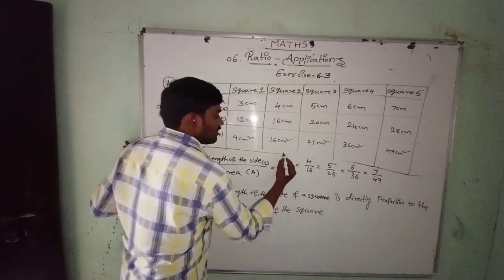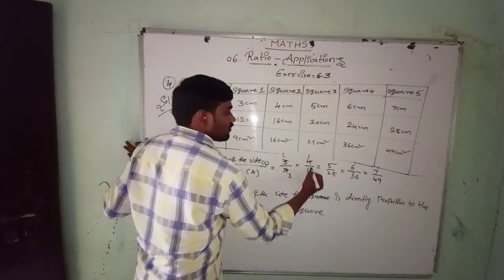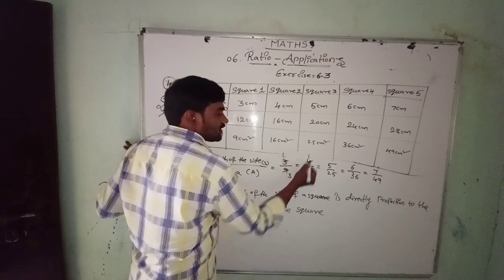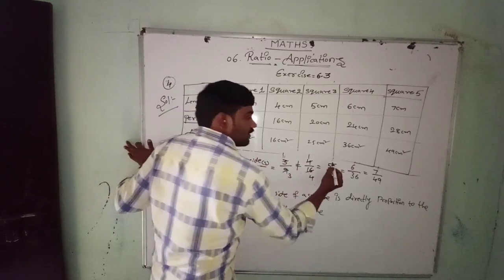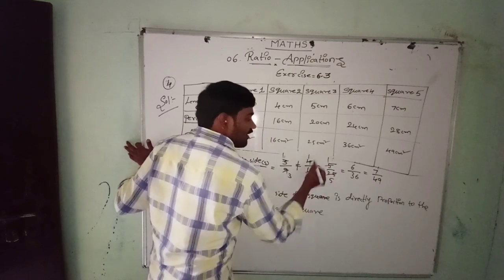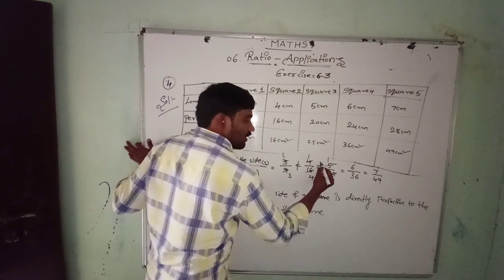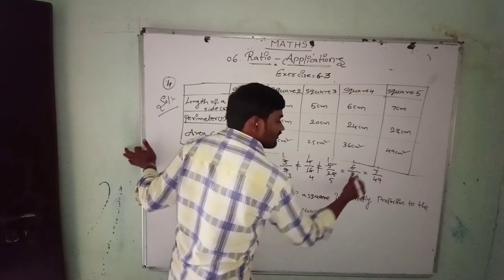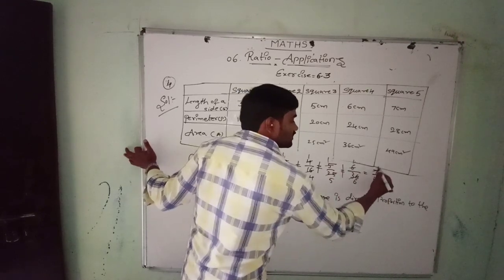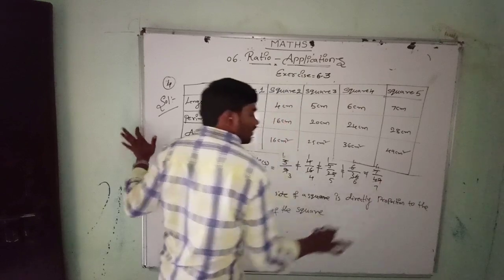Now simplify. 3 ones are 3, 3 threes are 9, 4 ones are 4, 4 fours are 16, so 1/3 and 1/4. They are not equal. 5 ones are 5, 5 fives are 25: 1/4 and 1/5 are not equal. Then 6 ones are 6, 6 sixes are 36: 1/5 and 1/6 not equal. 7 ones are 7, 7 sevens are 49, so they are not equal.